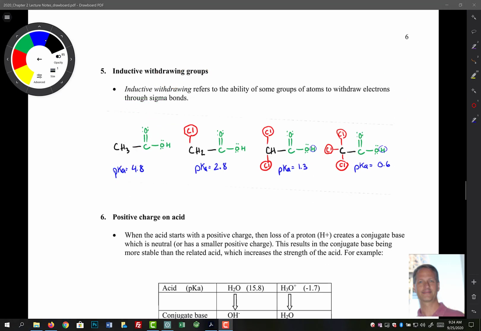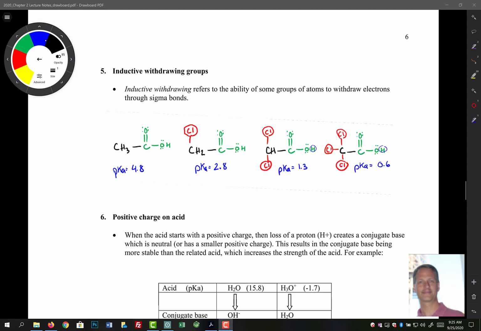Now in this fifth one, it turns out that there's an inductive effect, or an inductive withdrawing group effect. The result is that more electronegative atoms on an acid, especially if we look at this trend of carboxylic acids here, help stabilize the conjugate base more than weaker electron withdrawers do.